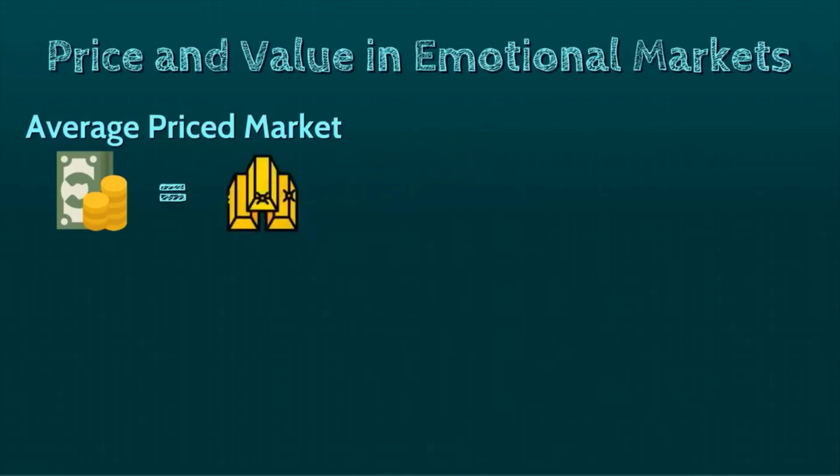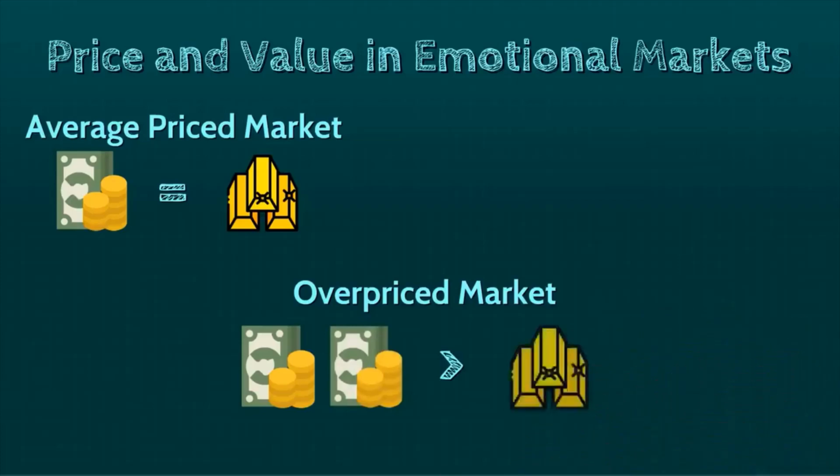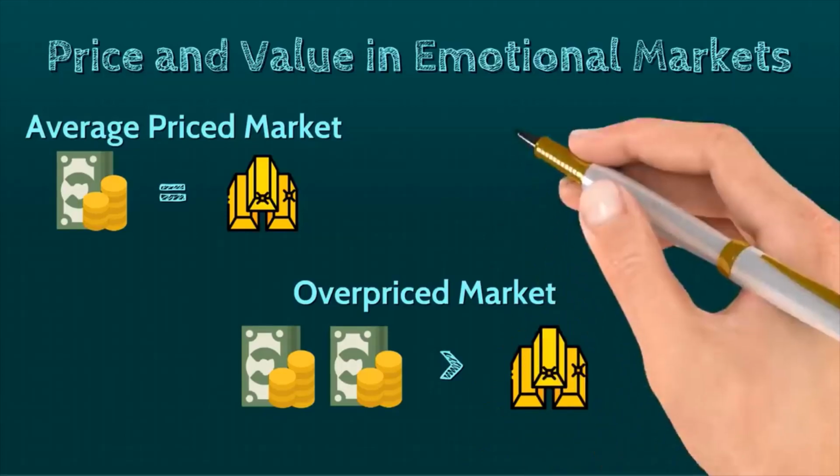Our second example is called an overpriced market. Sometimes people will call this an overvalued market, but don't let their change in words confuse you. In this situation, the asset is overpriced compared to the value of the investment they are making. This happens when people get very excited about a company and they think it will make much more money in the future than they are currently making, and oftentimes they become too optimistic in their estimations.